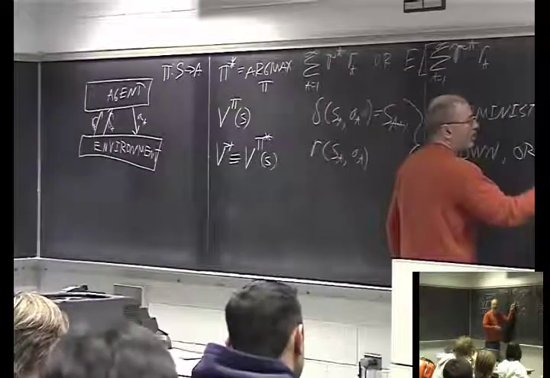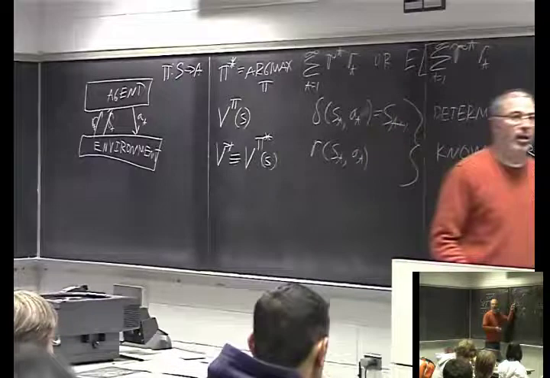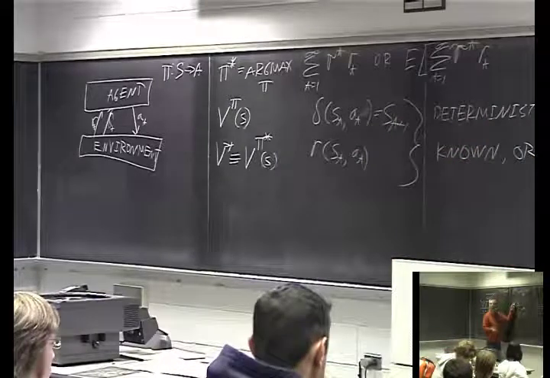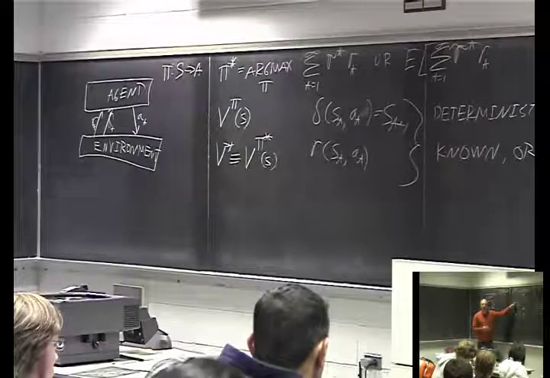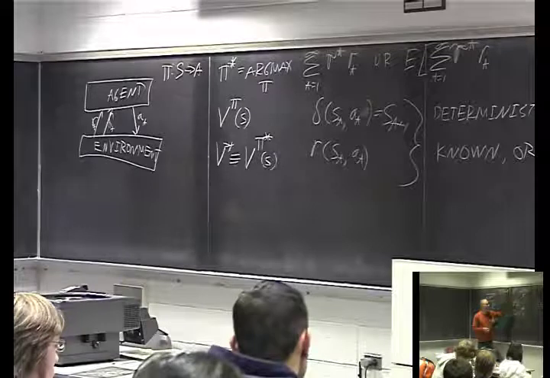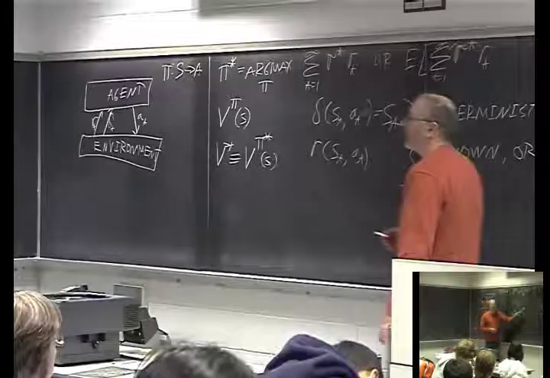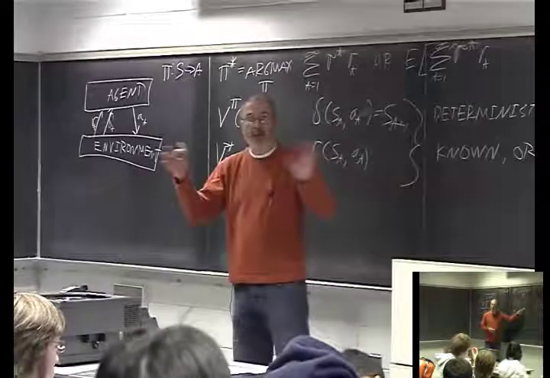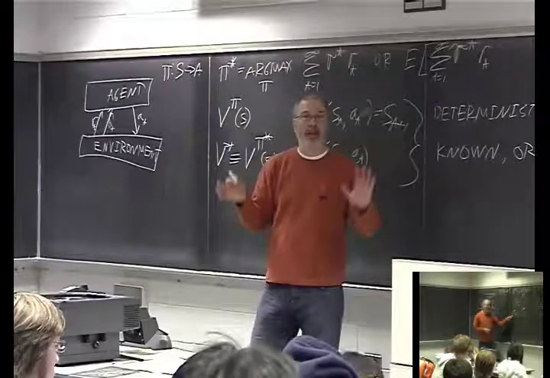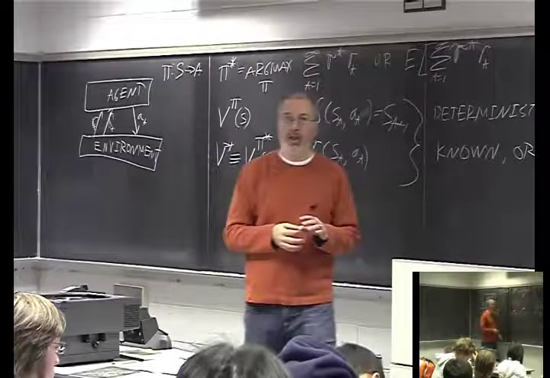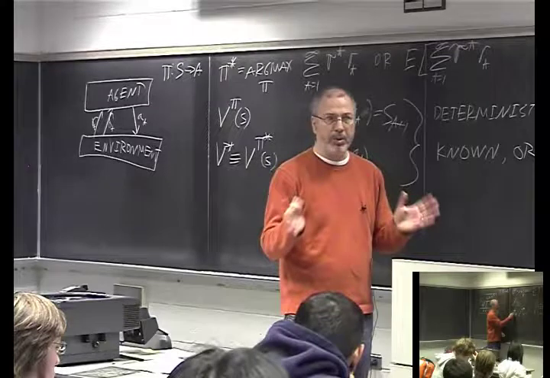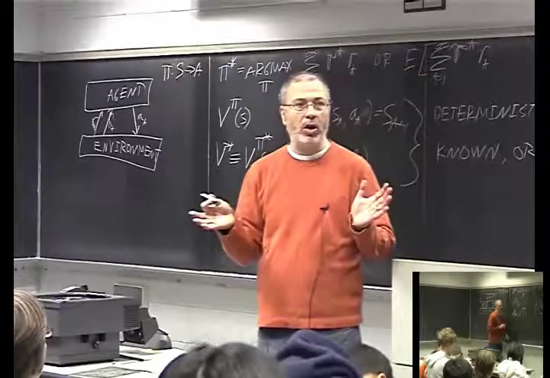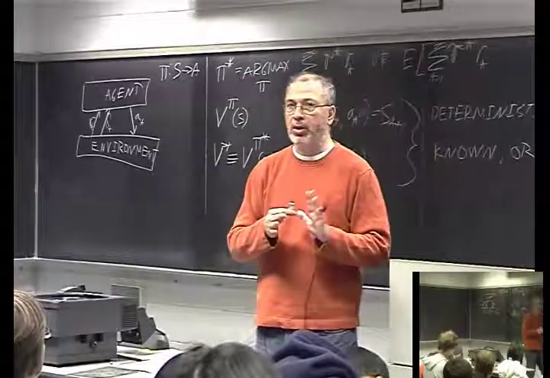With the understanding again that if it's a non-deterministic world, we're talking about the expectation of the total reward rather than the actual total reward. If I take not just any policy but the optimal policy, I get the optimal value of the state. So that's all in theory.